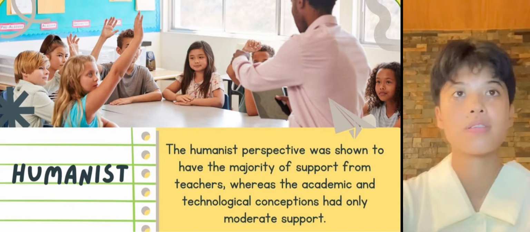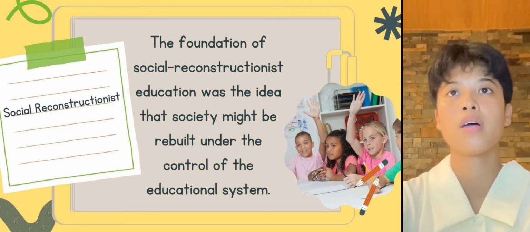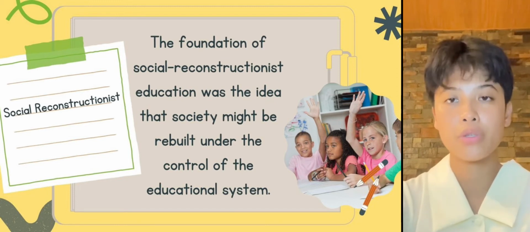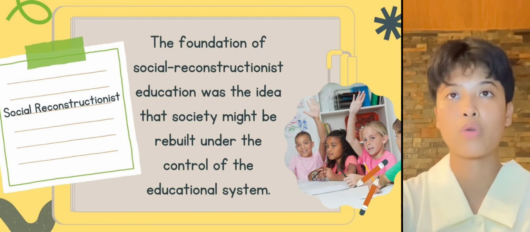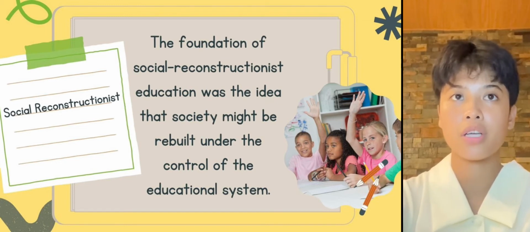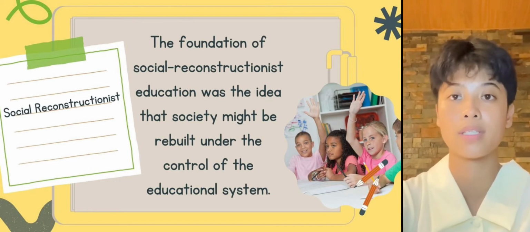The next one is the social reconstructionist. The foundation of social reconstructionist education was the idea that society might be rebuilt under the control of the education system. So the goal was to either use education to build a utopian society or to transform society such that it adhered to the fundamental ideas of the political party or government that was in power.